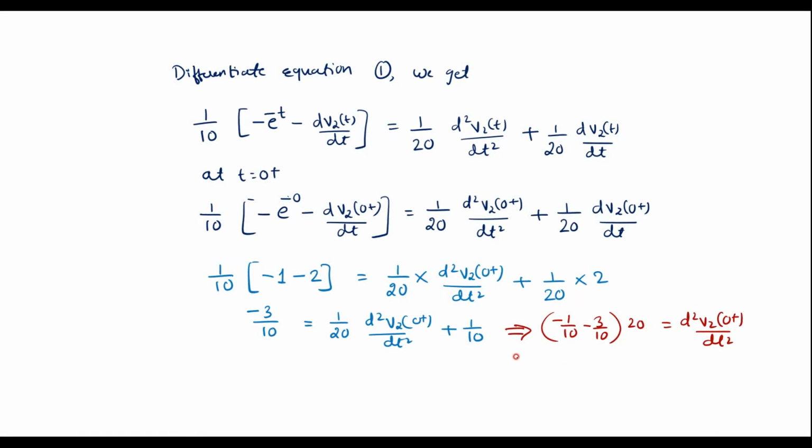So simplifying this, d square v2 of 0 plus by dt square is equal to minus 4 by 10, multiplied by 20, that is minus 8 volts per second square. So this is the second derivative of v2 of 0 plus.